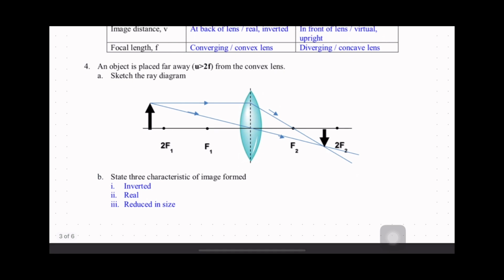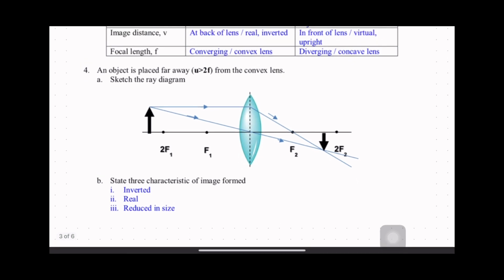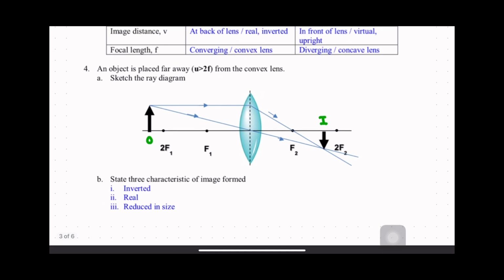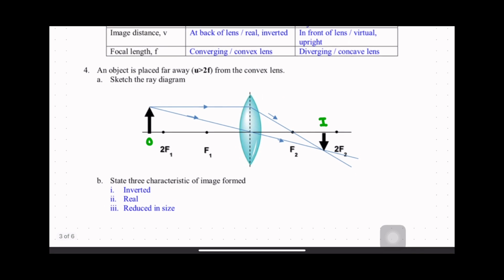Alright, so dia suruh you lukis lah ray diagram based on object is placed at more than 2f. So more than 2f ni object lah. Then form image by using ray diagram. Ray diagram punya cara nak lukis lah. Okay, so kat sini dia guna dua ray lah.